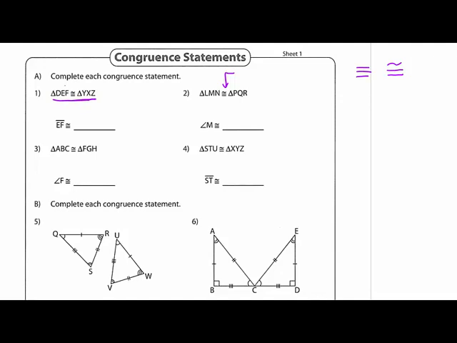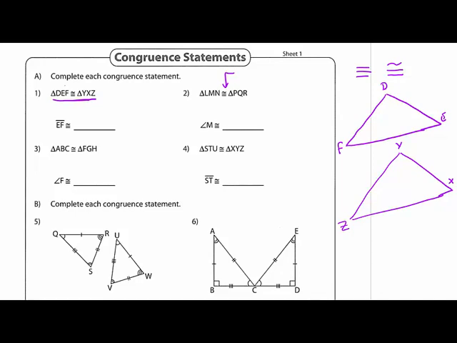Now, note that when we've been doing these questions, we've been very careful about the naming. So let's suppose that this is DEF and this triangle here is the triangle YXZ.